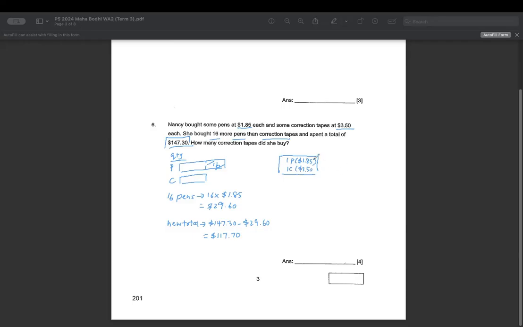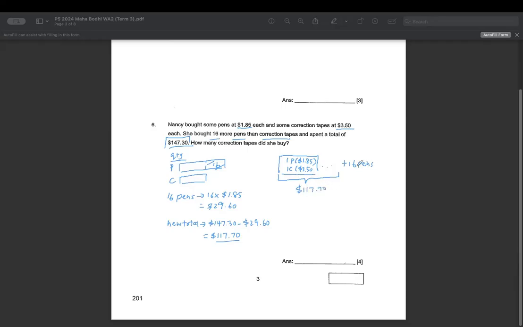Okay? And then, you don't know how many of such groups there are, but you know that it's equal. And then remember, there's also another 16 pens just now that you have gotten rid of. Okay, but this portion here, the equal number, excluding these 16 pens, will be equal to your new total here that you have calculated.